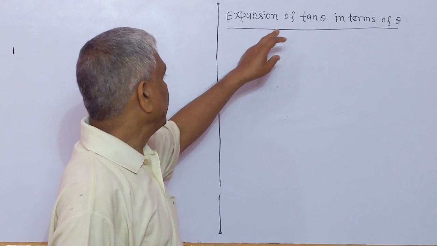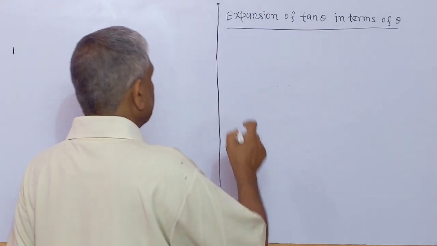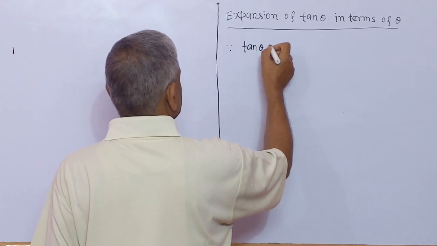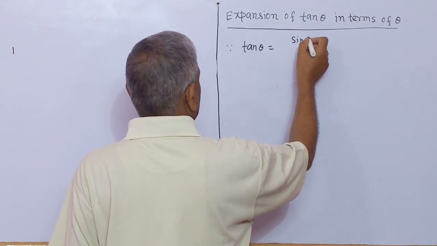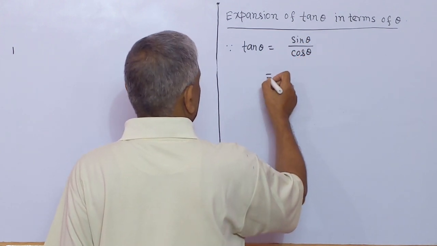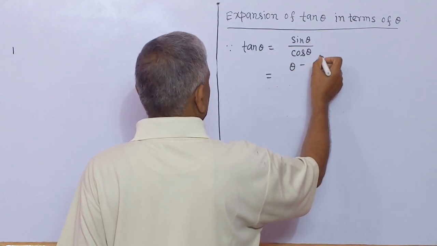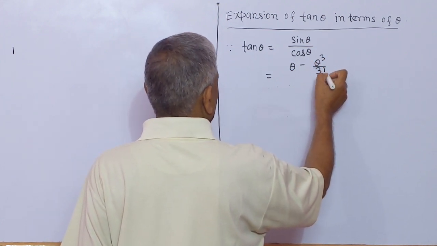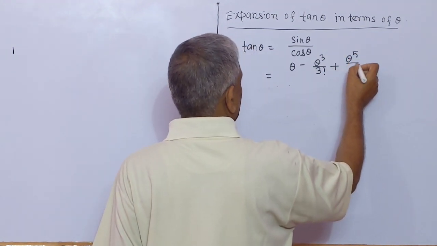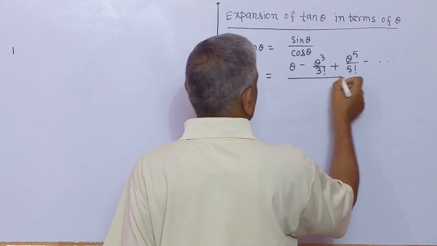Now we expand tan theta in terms of theta, since tan theta equals sin theta by cos theta, and sin theta equals theta minus theta cube by factorial 3 plus theta to the power 5 by factorial 5 minus dot dot dot dot.